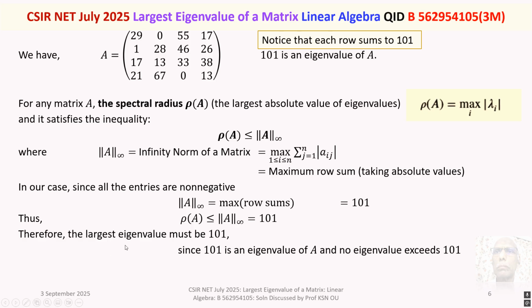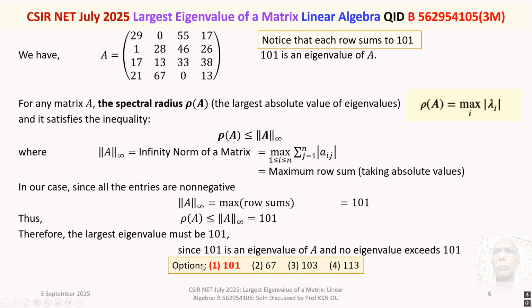Be clear about it: the largest eigenvalue must be 101 because 101 is an eigenvalue of A, and rho of A less than or equal to 101 tells us no eigenvalue exceeds 101.